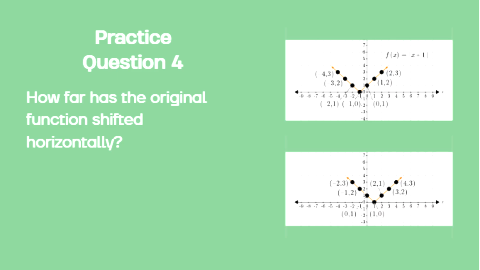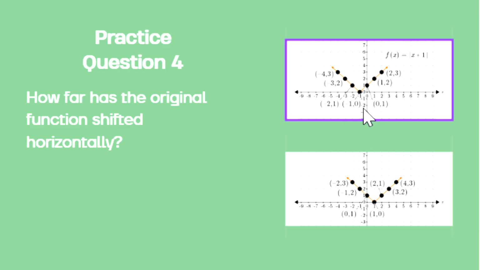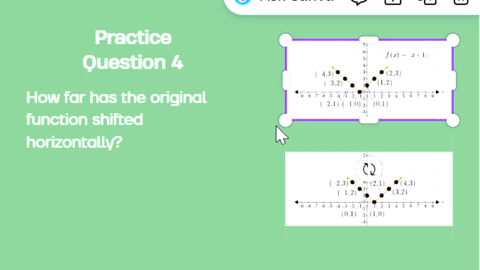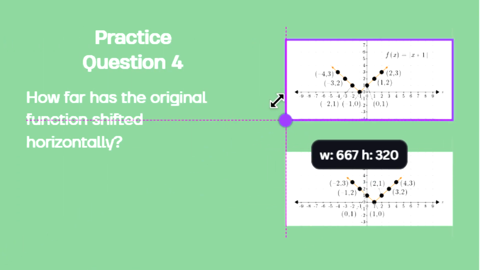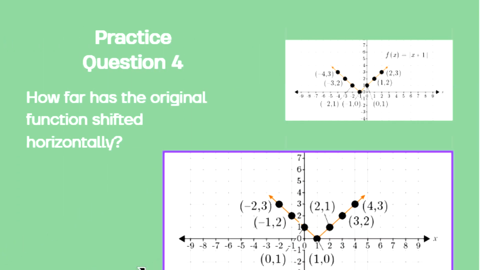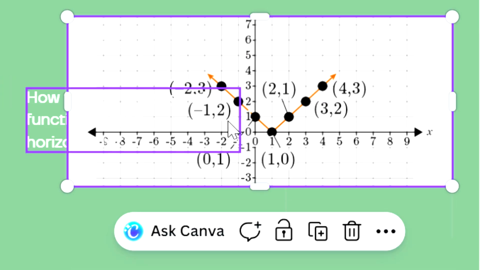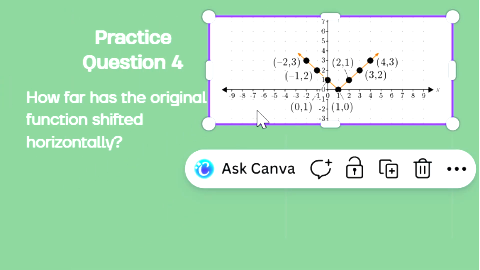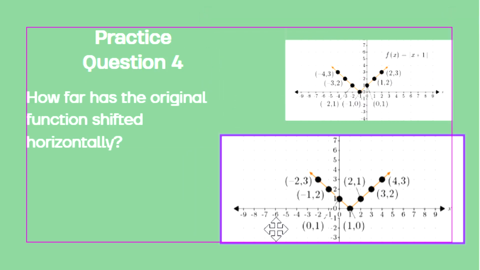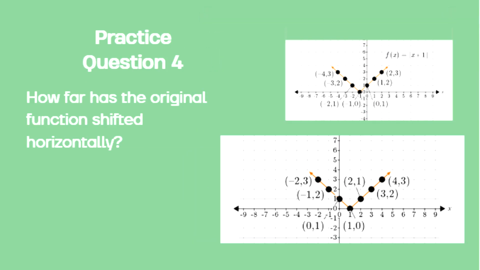Okay, how far has the original function shifted horizontally? So this is the original one, okay? You can see the x-intercept is right here at negative 1. I'll blow that up so you can see. X-intercept is at negative 1, okay? Now our x-intercept is at positive 1. Okay, so how far has the original function shifted?